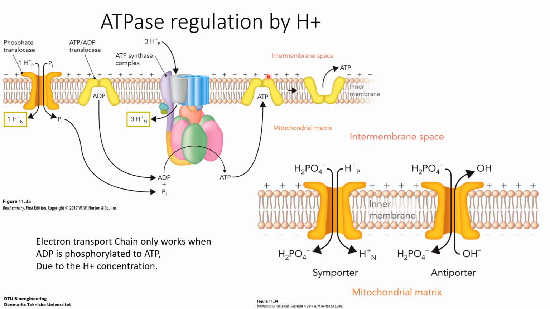But again, at a high proton level on the outside, it can also pump ATP outwards. One way that this has been studied is the use of phosphoric acid. Phosphoric acid is a phosphate group, and you can transport the phosphoric acid together with a proton through the membrane, and that way you actually create an even larger membrane potential.